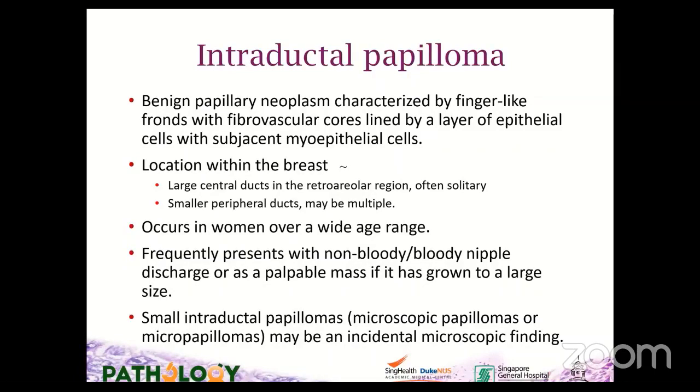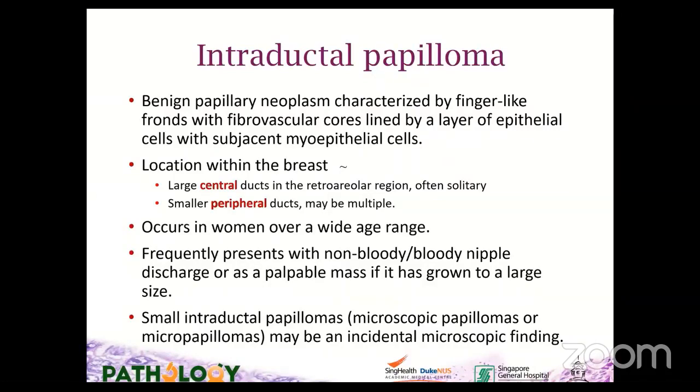In terms of location within the breast, the intraductal papilloma can occur in the large central ducts in the retroareolar region, in which case it tends to be often solitary, or it can affect smaller peripheral ducts when they appear mostly to be multiple in nature, and we refer to them as either central or peripheral papillomas.